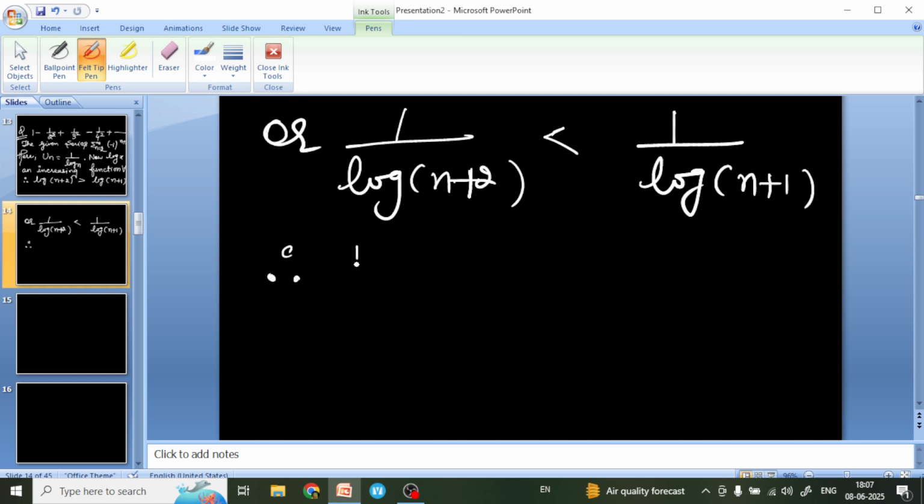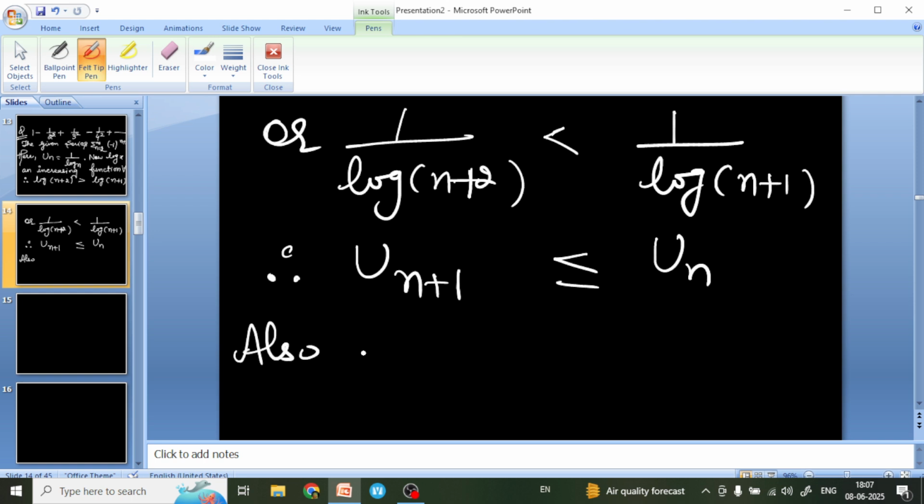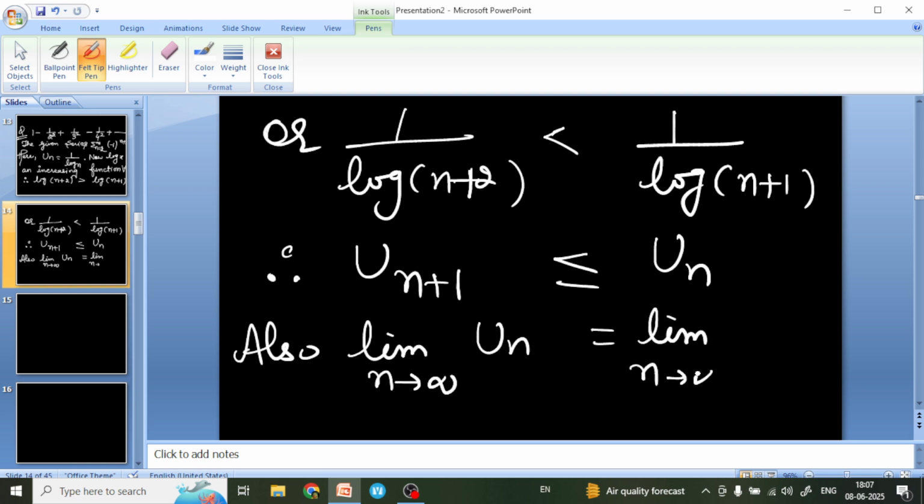So u n plus 1 is less than or equal to u n. Also limit n tends to infinity u n is equal to limit n tends to infinity 1 by log n, that should be equal to 0.